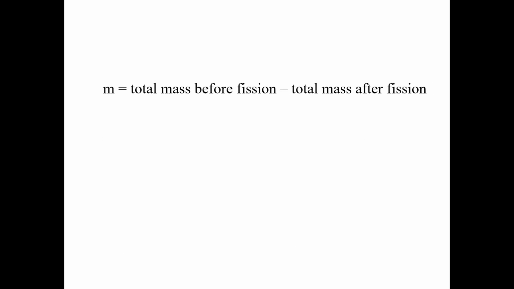Now you have to find the difference. That is, the mass difference is equal to the total mass before fusion minus the total mass after fusion. This is the formula we utilize in a fission reaction, and just like that, we can utilize it for calculating the energy in fusion as well.